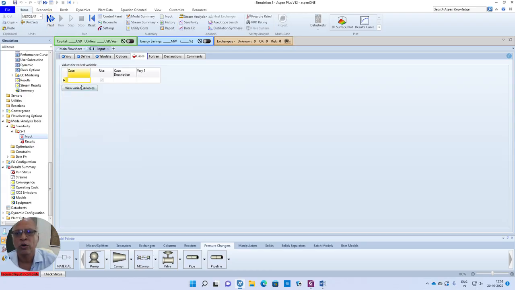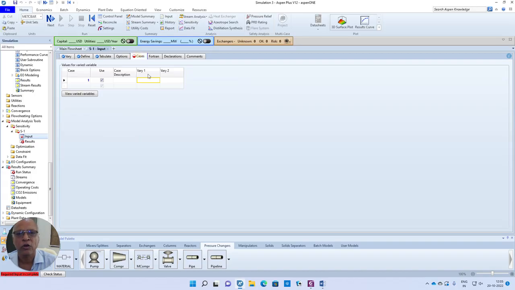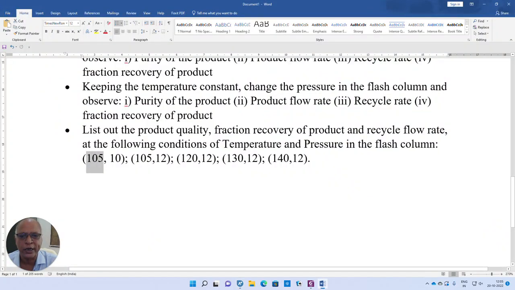So what is the case? 1, probably the first case. You can say anything. The first variable that we have defined is pressure, and the second variable is temperature. So what is the first value of pressure that I am interested in? 10.